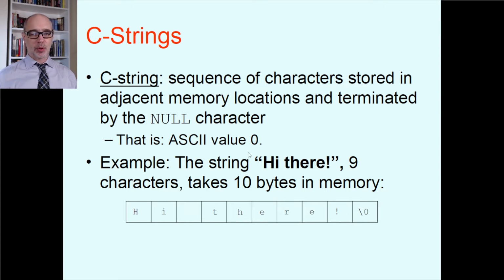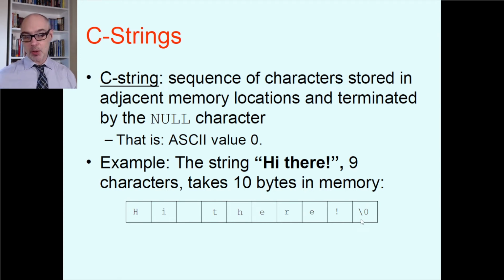As an example, take the string "Hi there!". If you write that string literal in your code, it has 9 visible characters: H-I, 1, 2, 3, 4, 5, 6, 7, 8, 9, up to the exclamation mark. But it's going to take 10 bytes to store that in memory, and you can see that laid out here. One byte for the capital H, one byte for the lowercase i, one byte for the space, T-H-E-R-E, exclamation mark, and then that's how you write the null terminator.